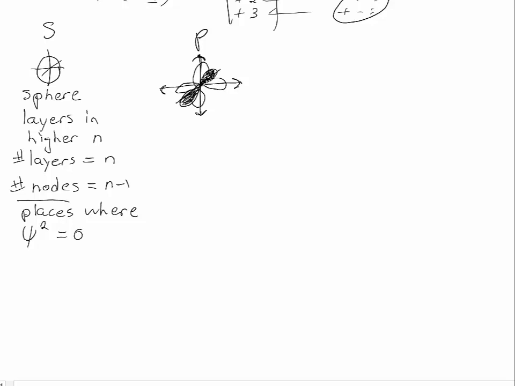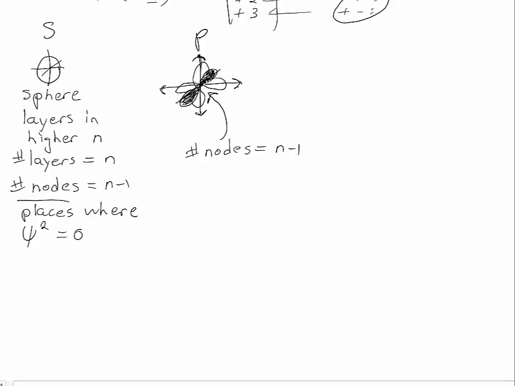These 3 p orbitals all have a node right at the center, at the origin where these 3 axes are.